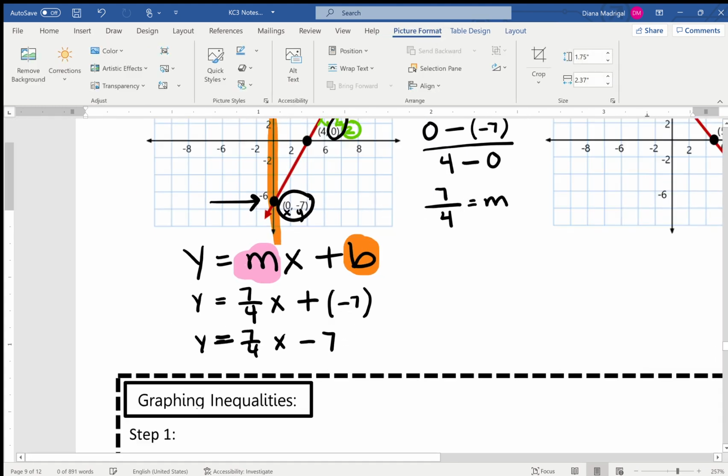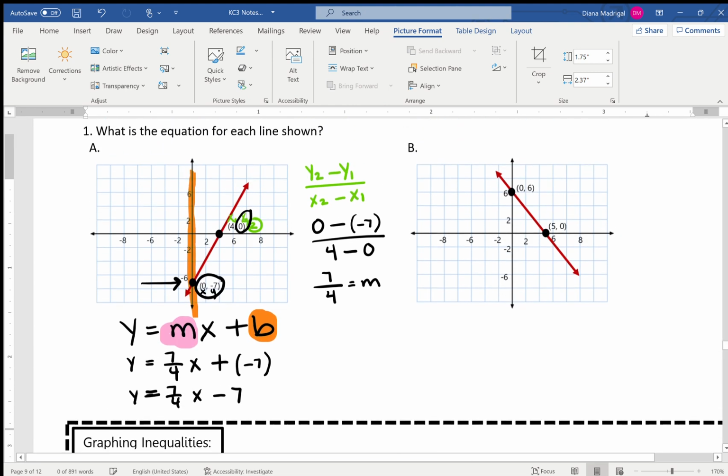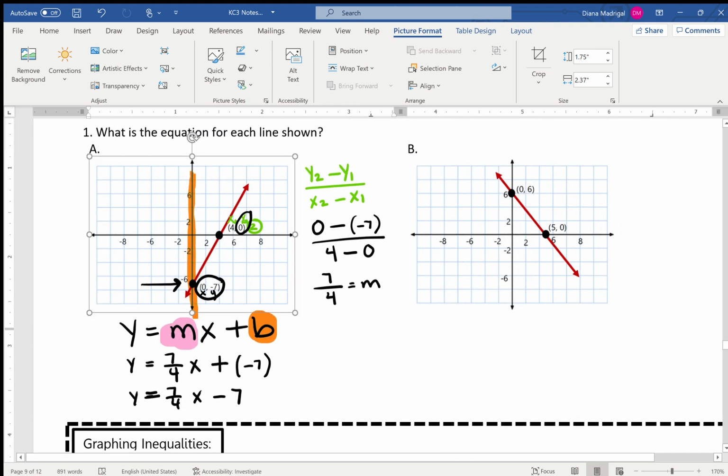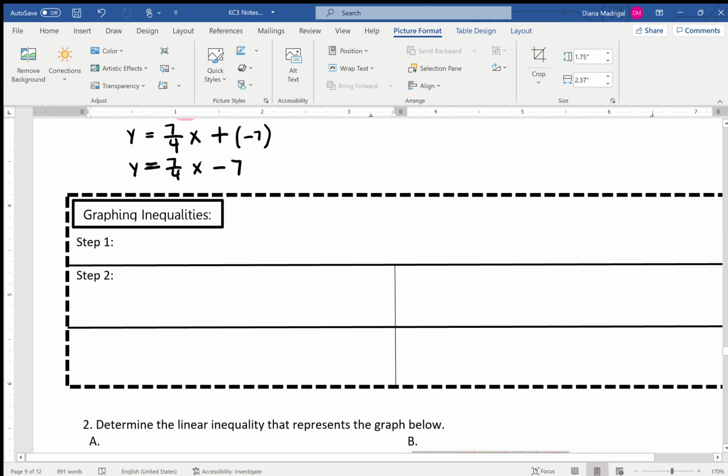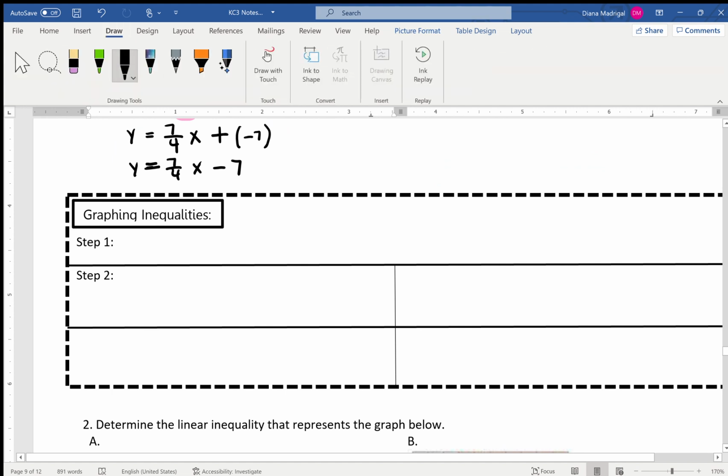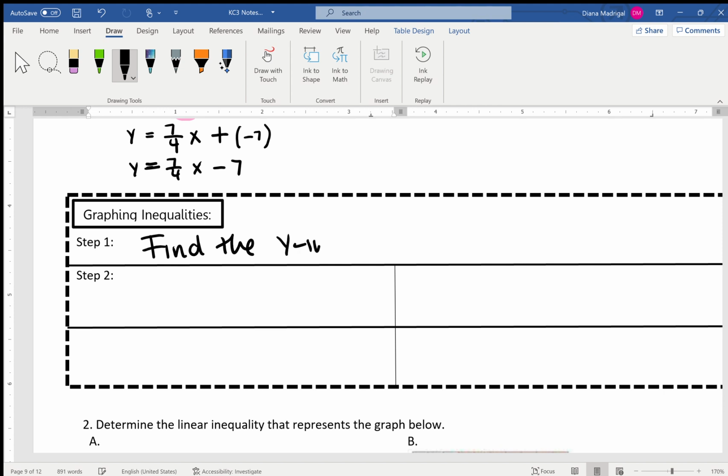Make sure you try the next problem so you can get some practice before we actually move on to graphing inequalities. All right. When we are graphing inequalities, there are 3 steps that you need to figure out. As you've seen, we practiced how to get the slope and the y-intercept, because the first step is that you need to find the y-intercept and slope.